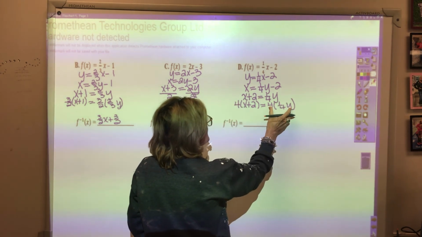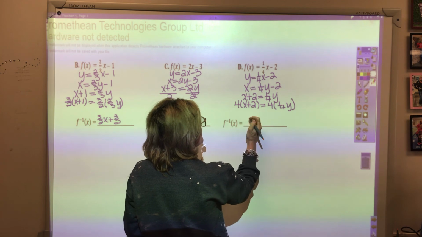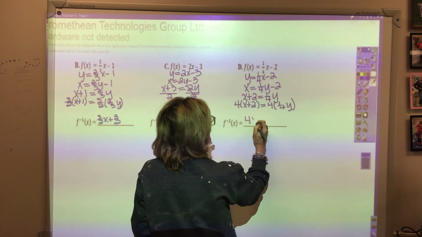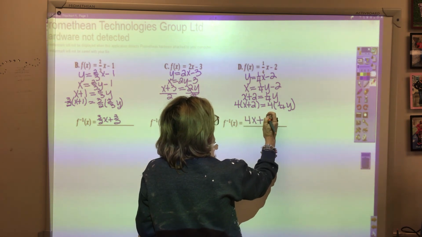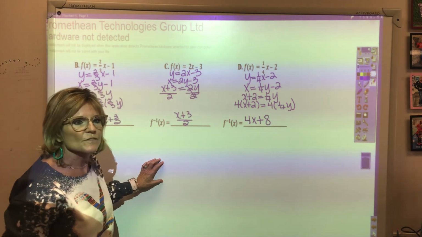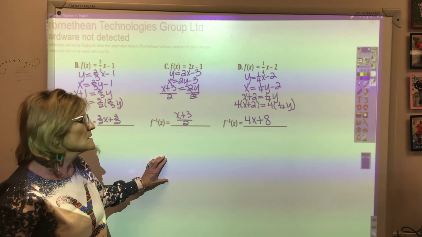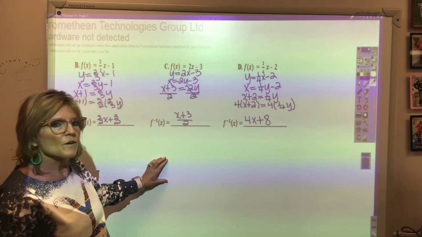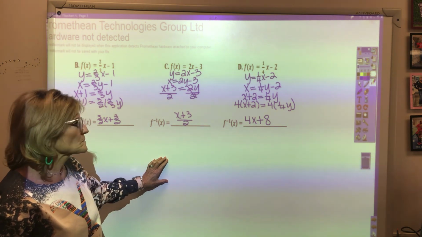Keep in mind this is our inverse, and it is 4x plus 8.